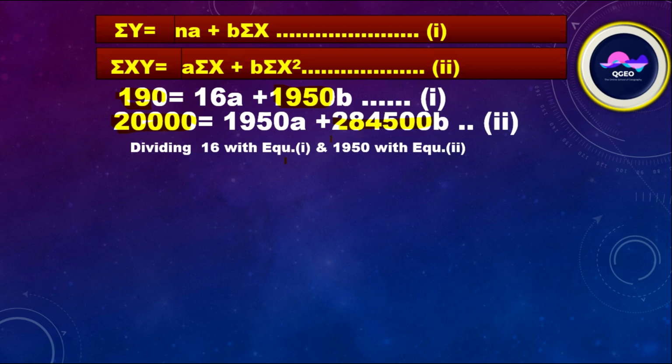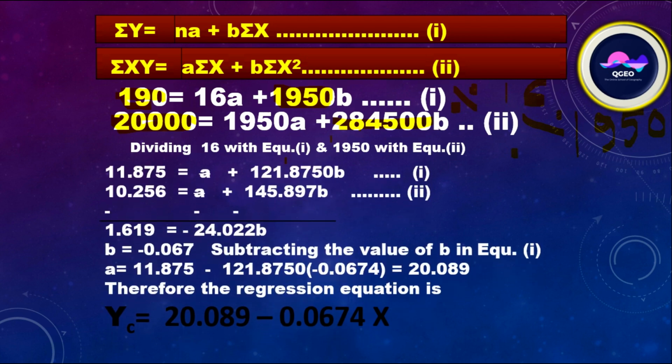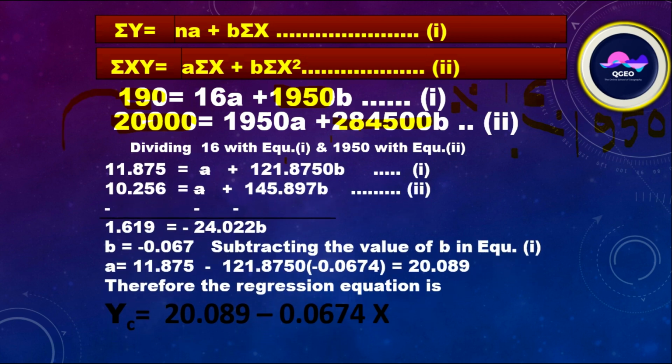In this way we can calculate, dividing equation 1 by 16 and equation 2 by 1950. Then what will be the values?